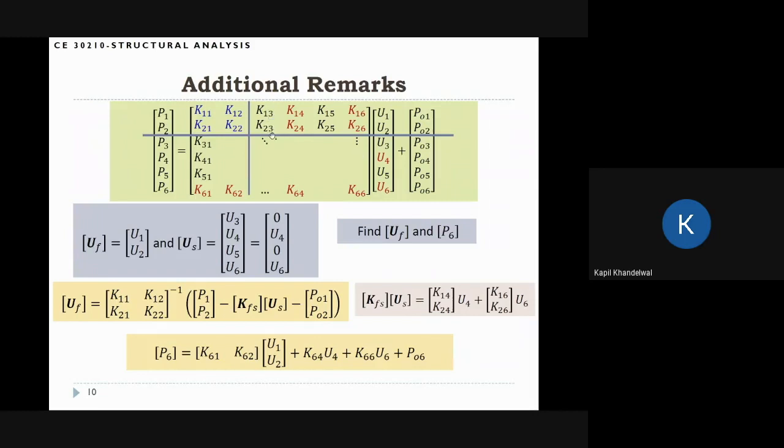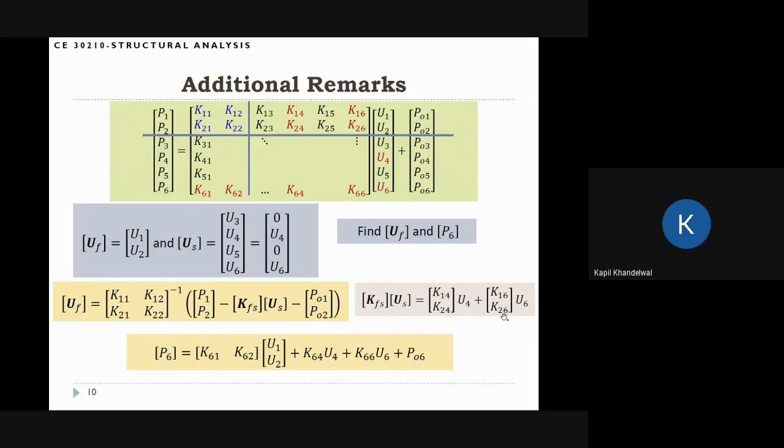Similarly, K15 and K25 are also getting multiplied by 0, that is U5. So you don't need these two entries. So this calculation KFS US can be simplified into just using these four numbers: K14, K24, so we can take this and multiply it by U4, plus K16, K26 multiplied by U6. So this algebra can be simplified in this form.